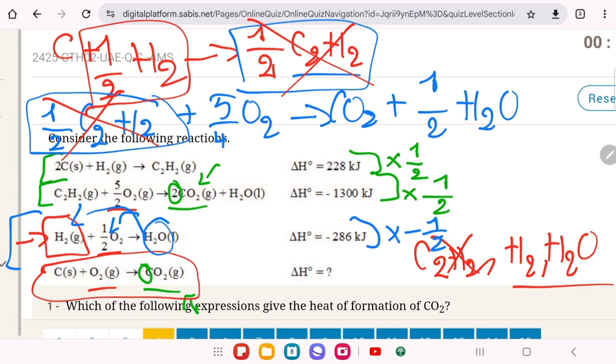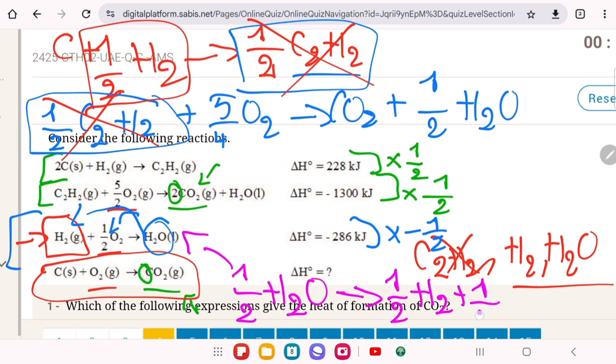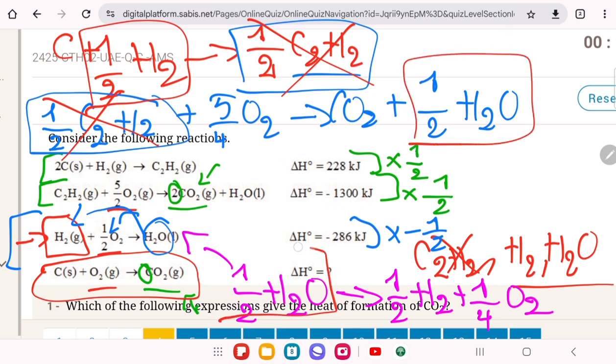Now this equation will become what? It will become 1/2H2O, okay, gives us 1/2H2 plus 1/4O2. Now we have here 1/2H2O and 1/2H2O.